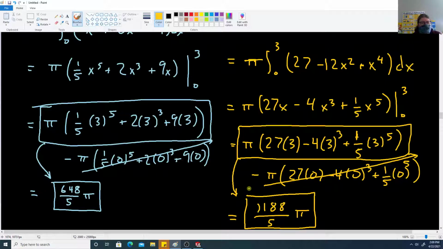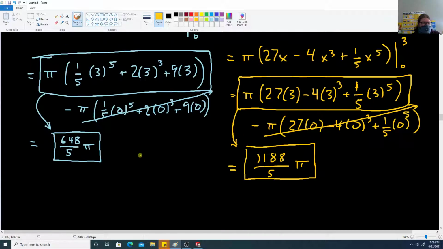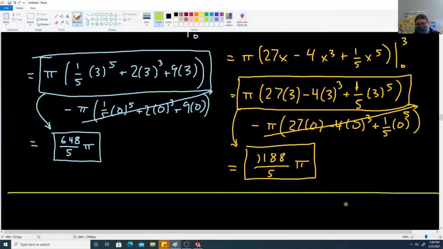So that is our 4th example. This one used the washer method. Our final example here is going to be the last one from the section.